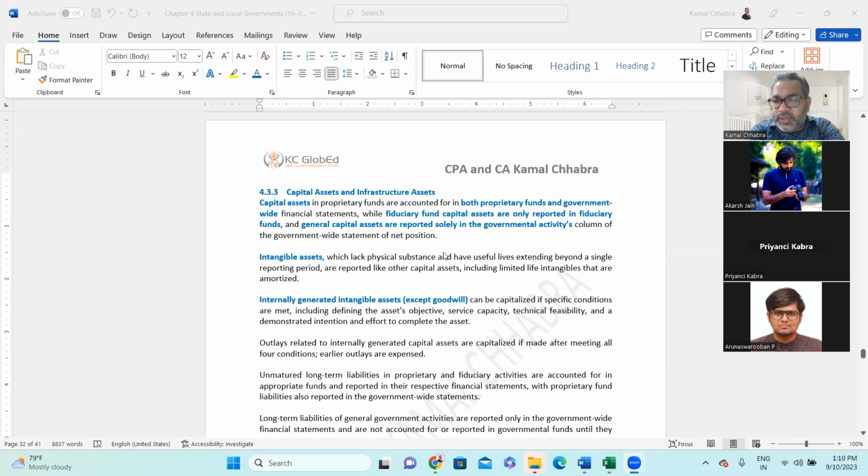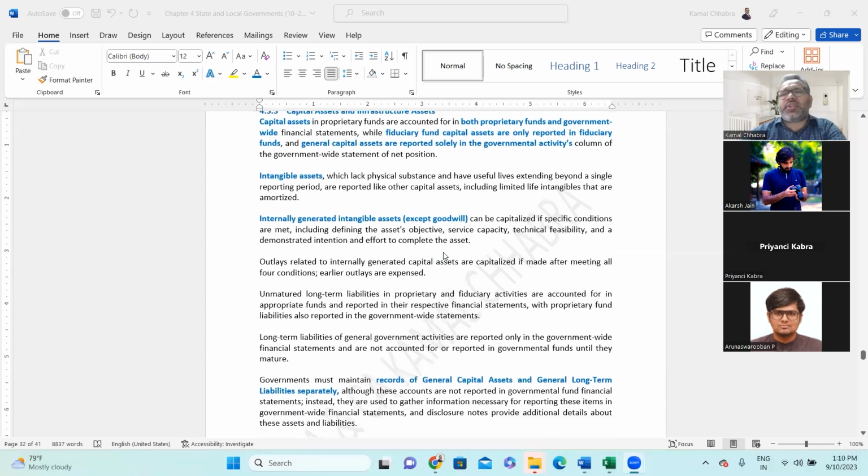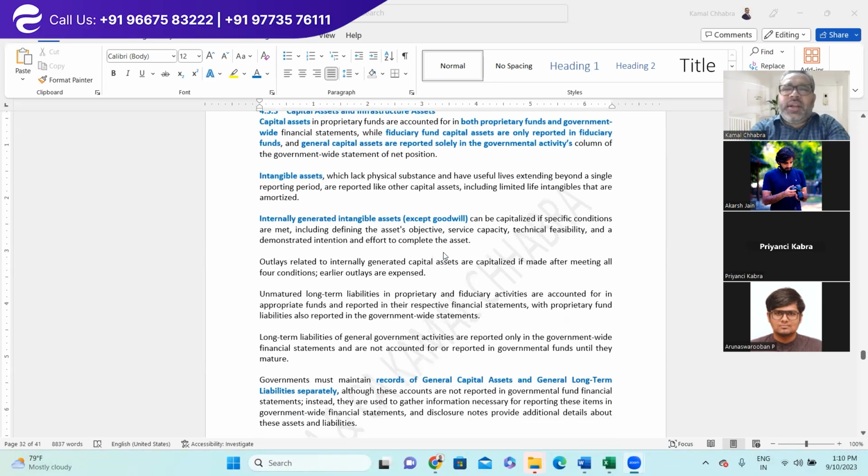Second is intangible assets. What is an intangible asset? As we all know, these are assets which we cannot touch and feel, like a patent, copyright, trademark, or software. Those are considered intangible assets that lack physical substance and have a useful life beyond one reporting period, that is, more than 12 months.